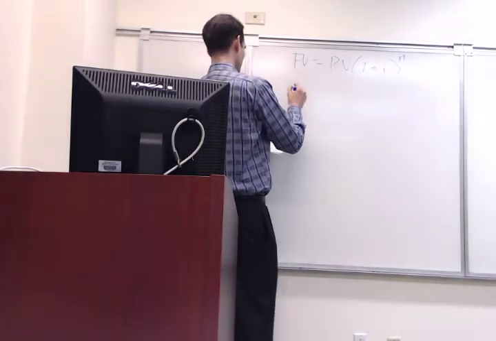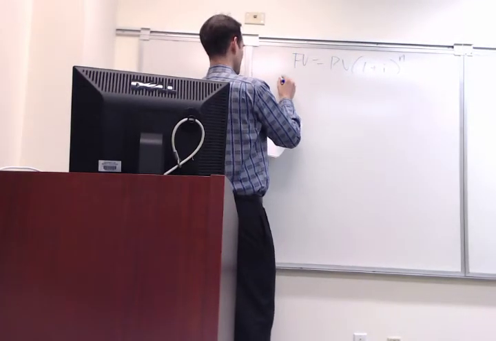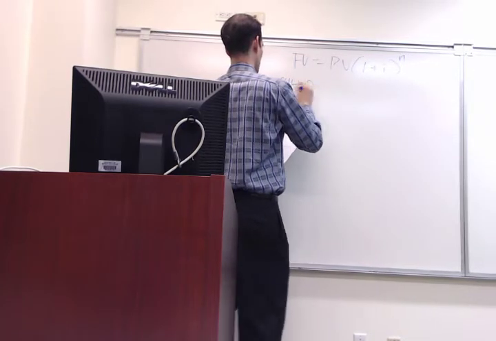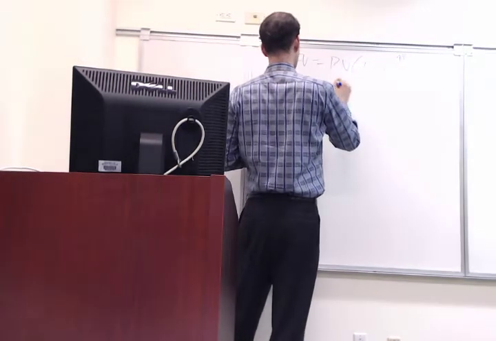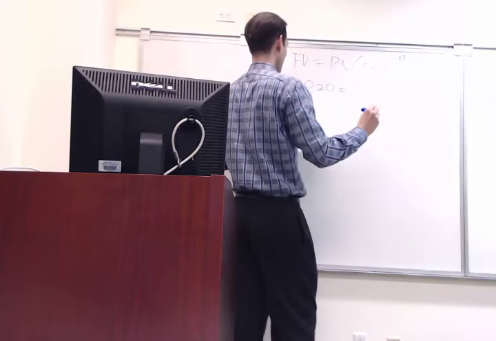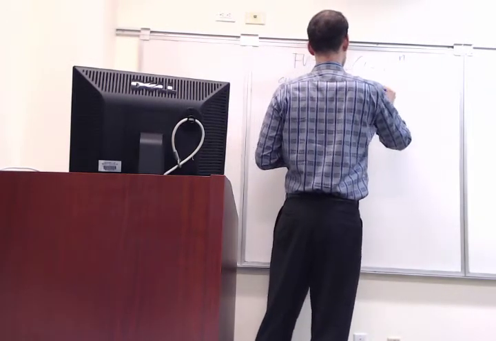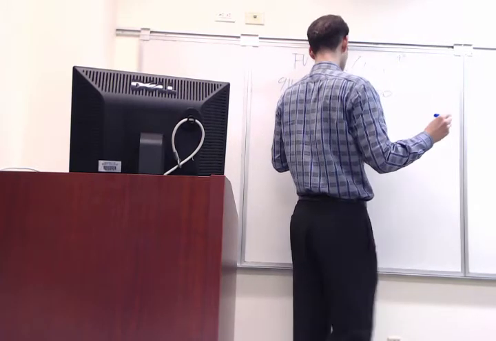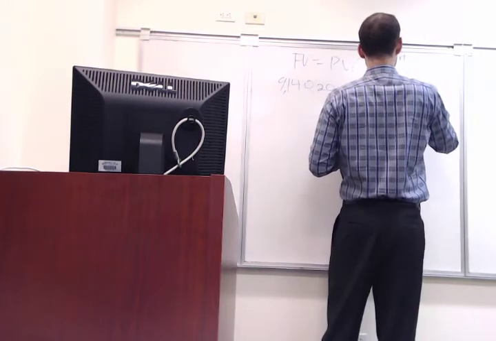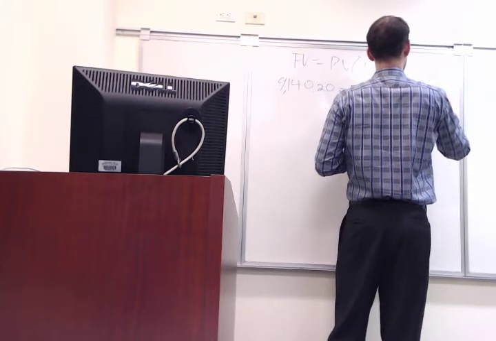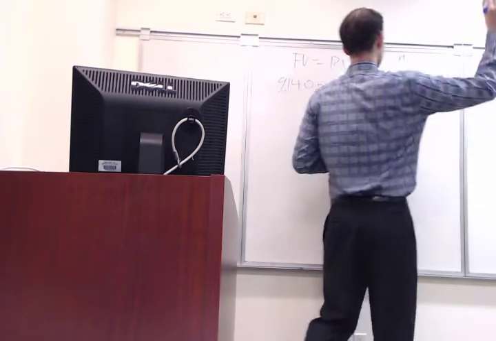We know that it's $9,140.20. 9,140.2 equals present value, which we're told is $5,000. Interest rate, we're told, is 8%, 0.08, and we do not know the n.